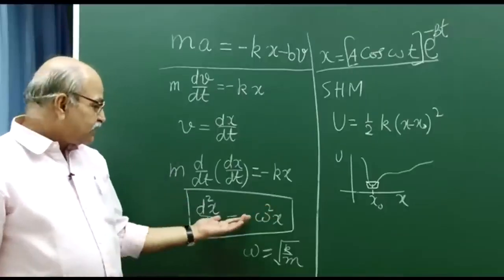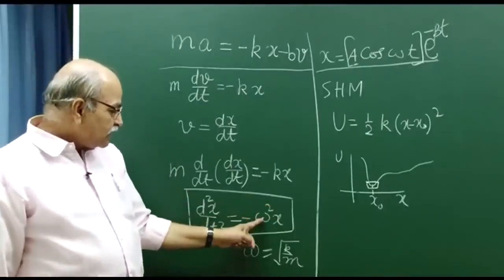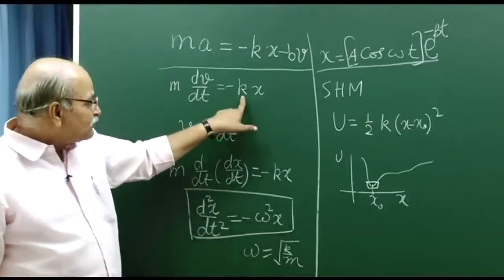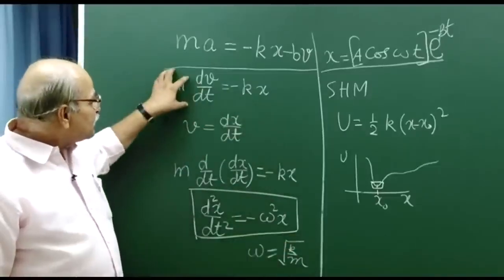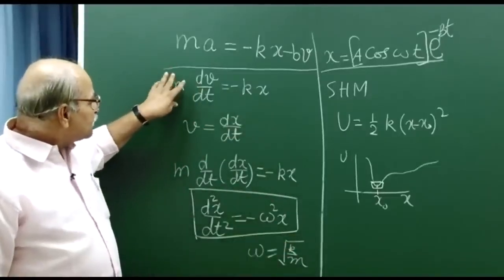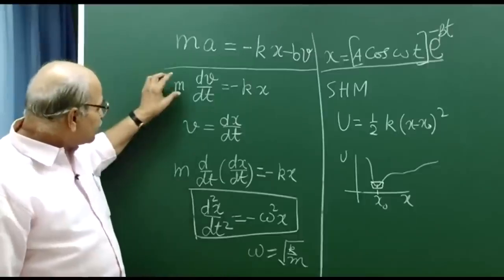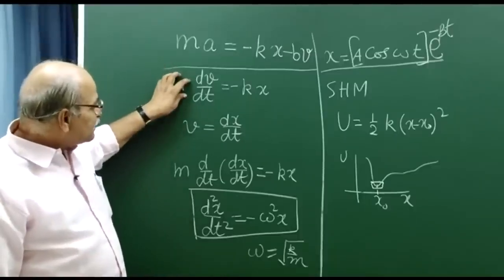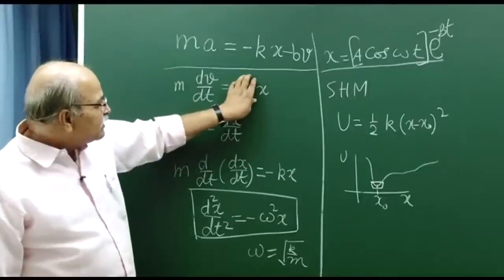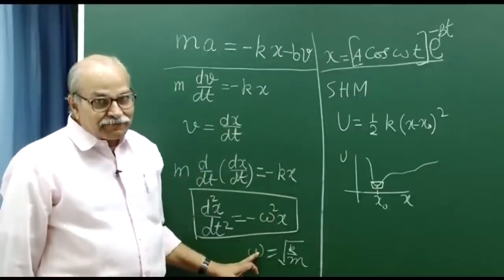This is the differential equation, with a certain frequency omega, which will depend on the restoring force, this k here, and on some property of the system, mass or moment of inertia, something like that. So the oscillating system property is here, the force property is here, and they decide the frequency omega.